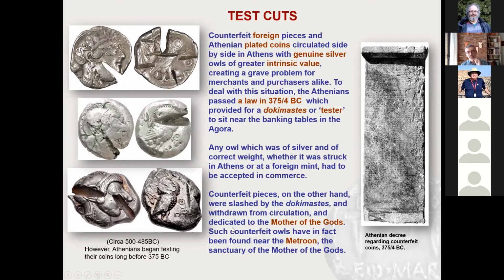But I don't know about that. Unfortunately there is not much evidence about that. However, test cuts didn't start in 375. Here are some archaic Athenian owl examples with test cuts.